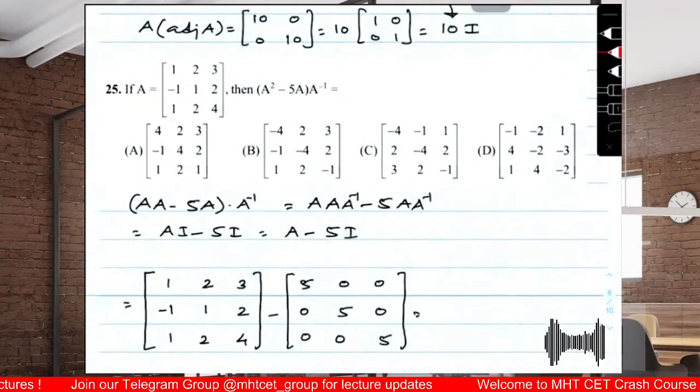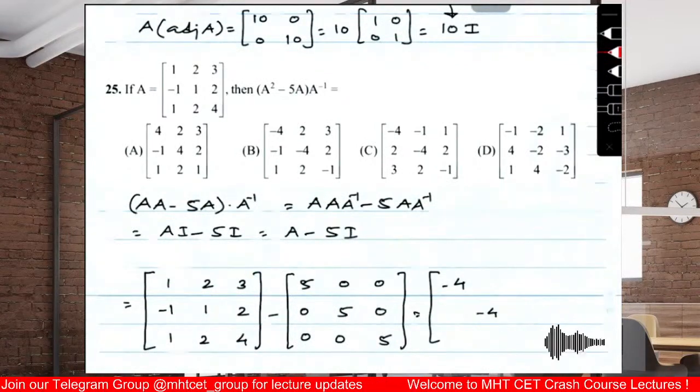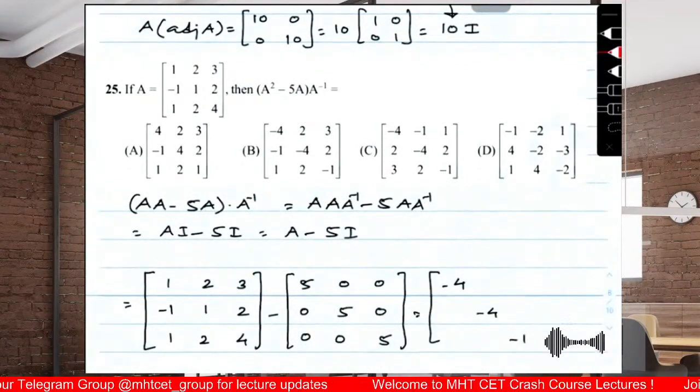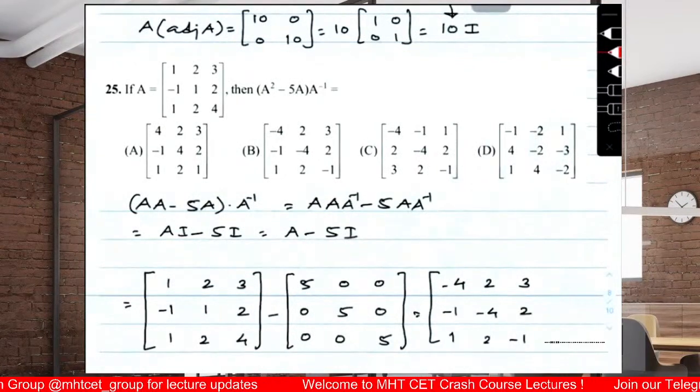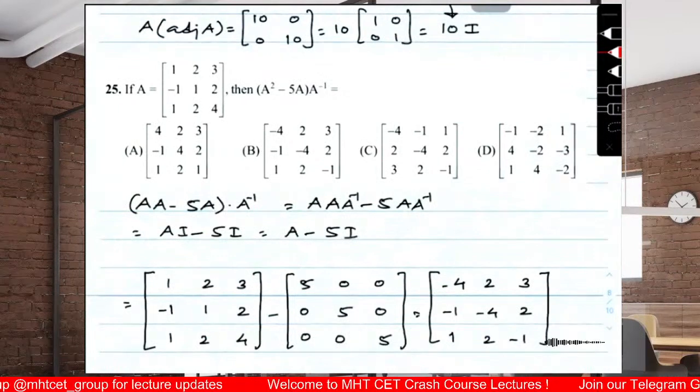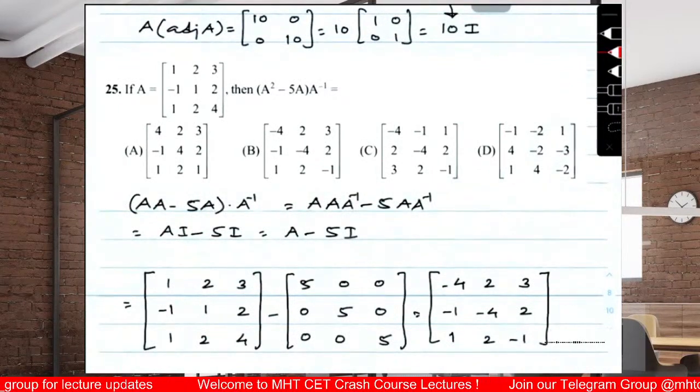So only diagonal elements will change. Minus 4, minus 4, minus 1, everything else same, 2 3, minus 1 2, 1 2. Option B.